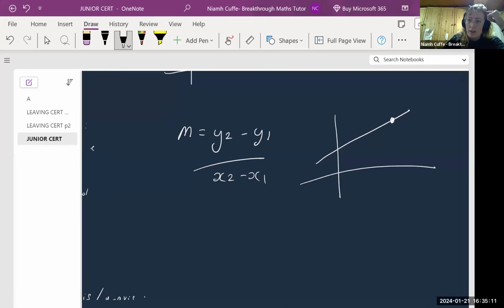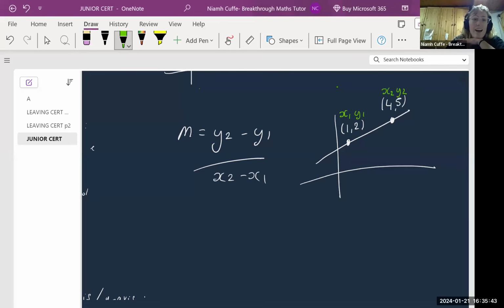Let's say this is point 4, 5, and say this is point 1, 2. Okay, guys, you're going to label one of these points x1, y1, and another one of these points x2, y2. Can everyone give that a go for me now? I'm going to label this one x1, y1. I'm going to label this one x2, y2.